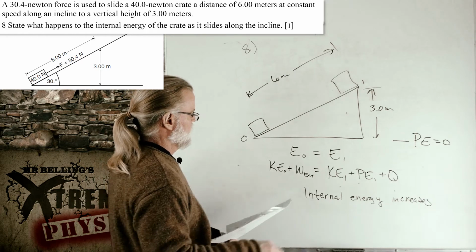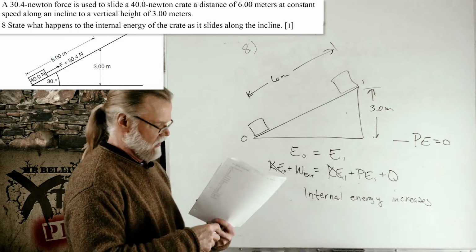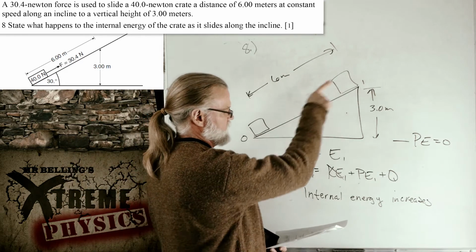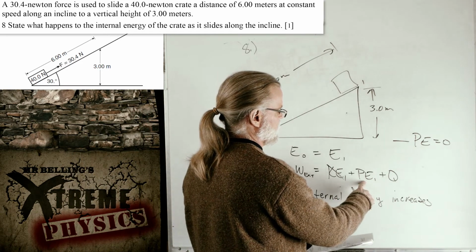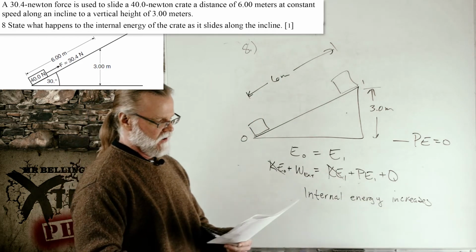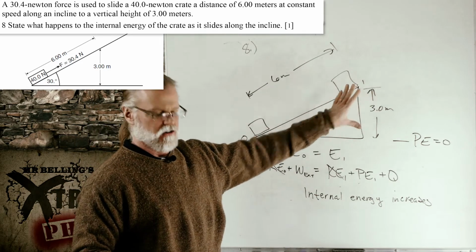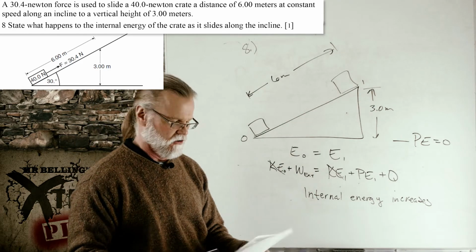Now, the kinetic energy at 0 equals the kinetic energy at 1, so that's going to drop out. So the work that you did in pushing this up the ramp is going to result in potential energy and internal energy. And you would see that the work you did was more than the potential energy. You should have seen that in steps 1 and 2.